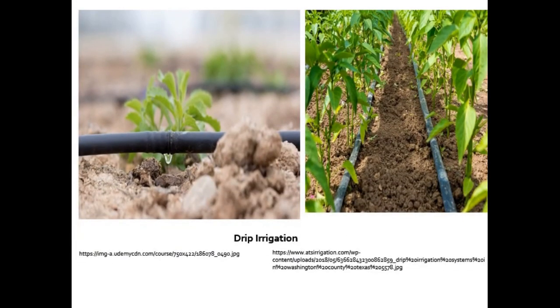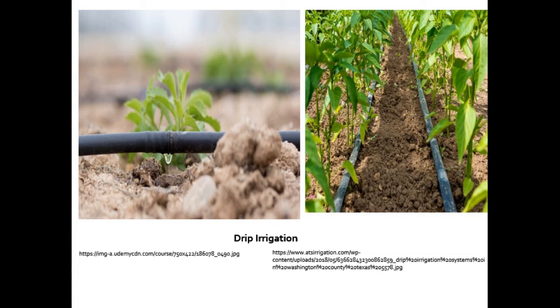With proper system management, deep percolation losses can be minimized. Likewise, the evaporation losses are minimized because only a portion of the ground area is wetted. Furthermore, there is effective weed control, especially for ground area that is not wetted.